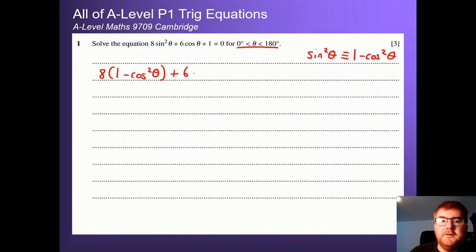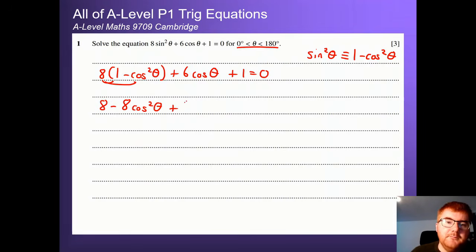like so. So 6 cos theta plus 1 is 0. To multiply out the bracket, that gives us 8 minus 8 cos squared theta plus 6 cos theta plus 1 is equal to 0. Let's simplify this down slightly.